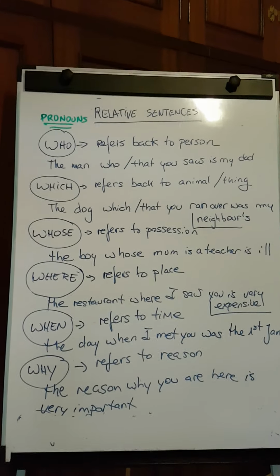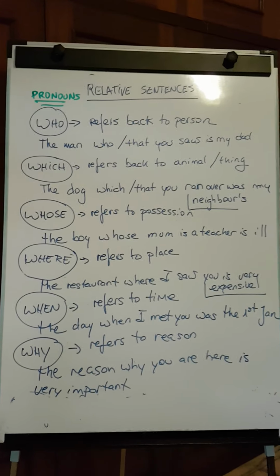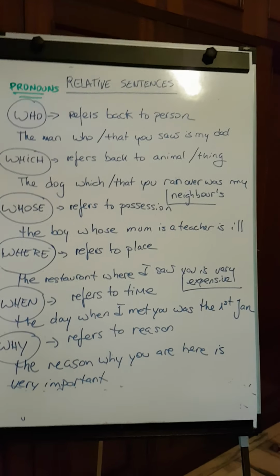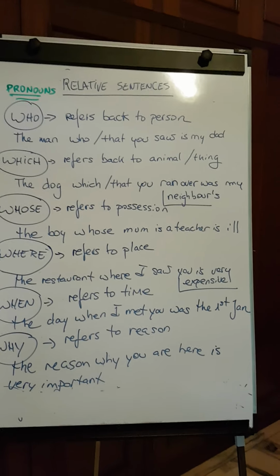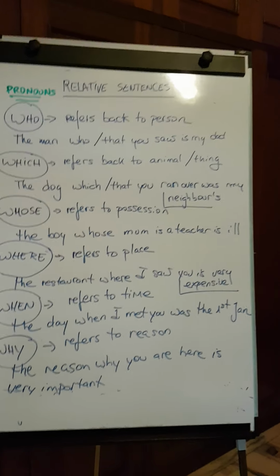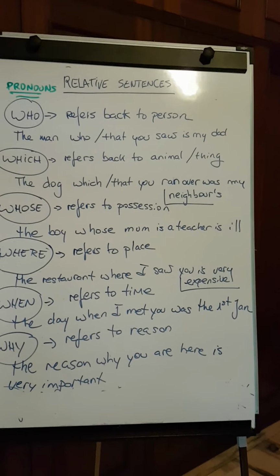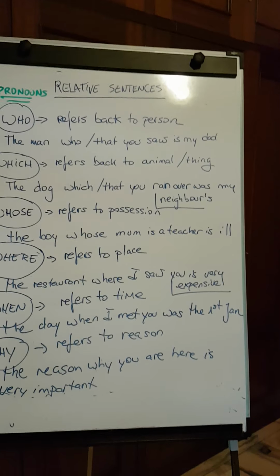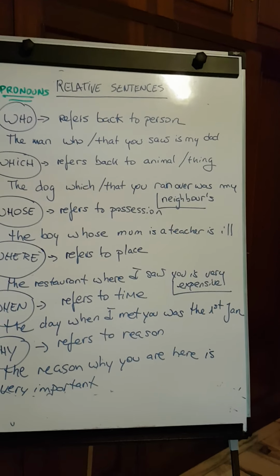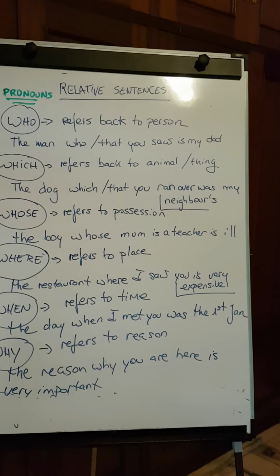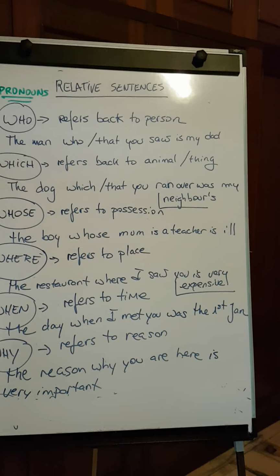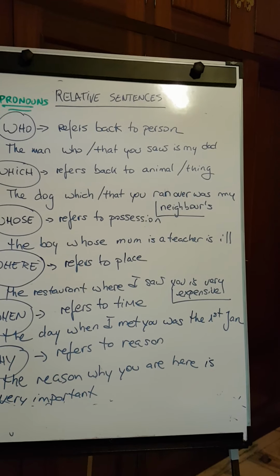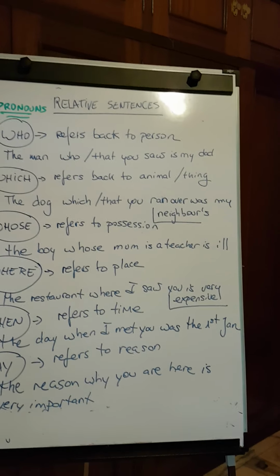The examples that we have here with the pronouns are all defining relative sentences. What does defining mean? It means that the information in the relative sentence is vital, very important to identify the noun. For example, in the first sentence, the man who you saw is my dad. If I do without the sentence, the man is my dad, there is missing information.